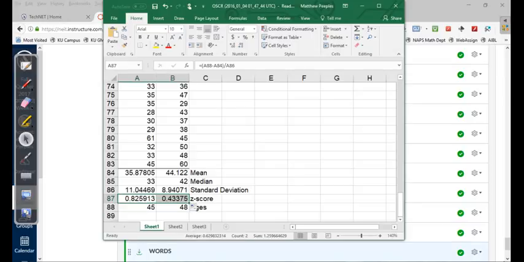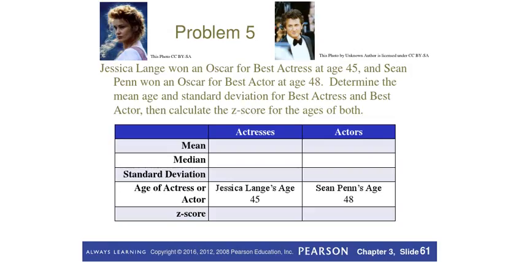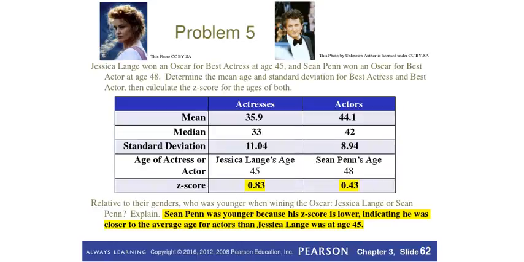Interesting. Okay, so let's take this data and transfer it over to our handout. And the question was, relative to their genders, who was younger when winning the Oscar, Jessica Lange or Sean Penn? Well, according to our Z-score, Sean Penn was within 0.43 standard deviations away from his gender's mean, from the actors' ages.